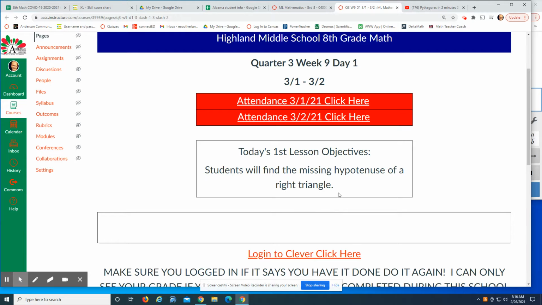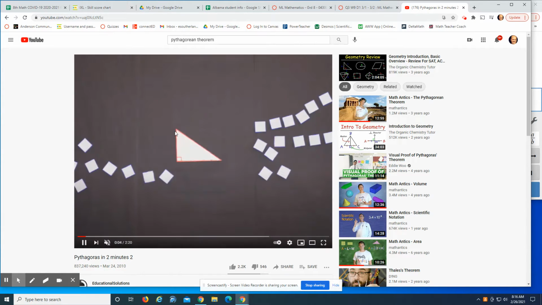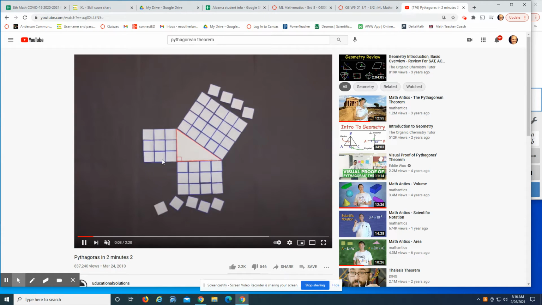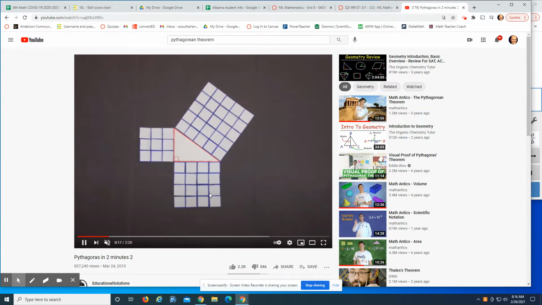Now, right triangles are covered by a theorem called the Pythagorean theorem. Basically, if we have this right triangle and we build squares on each side of the triangle, it states that this small square plus this medium square will equal this larger square.